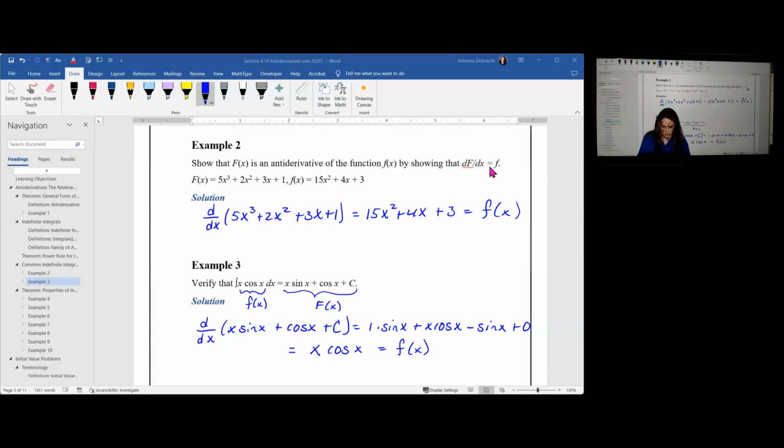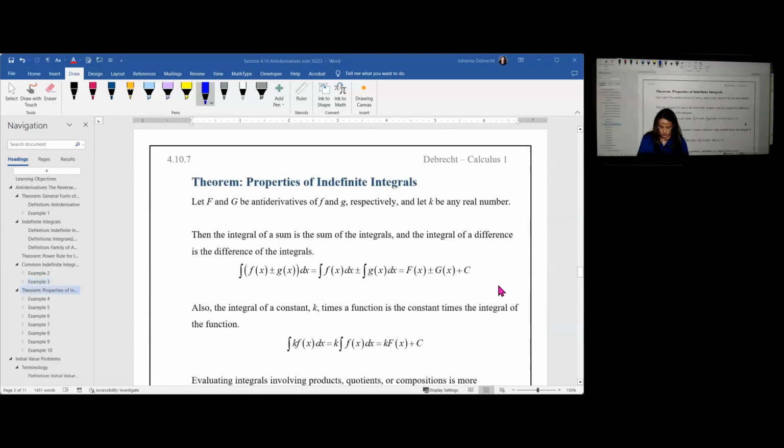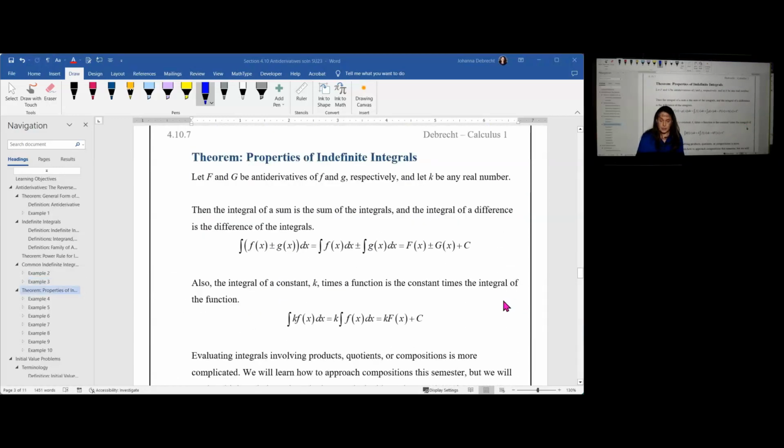We want to now look at some of the properties for integrals. Every time we learn a new construct, we have to talk about the properties. So it's time to talk about the properties of the indefinite integral. Let's suppose that we have two antiderivative functions, uppercase letters F and G, of derivatives, lowercase letters f and g, respectively.